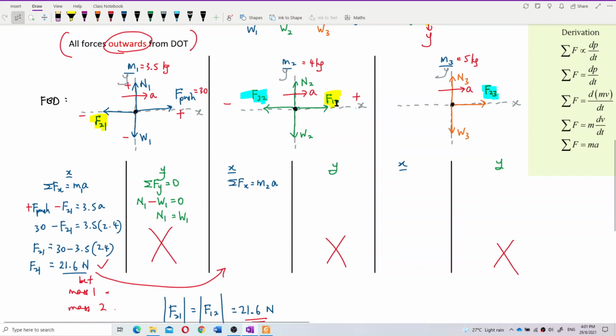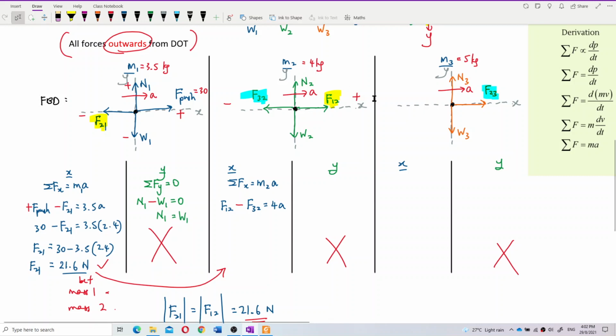So F12 is a positive force, F32 is a negative force. So F12 is positive, but F32 is negative, so put a negative sign and then F32. And what mass is it? 4 kilograms, so it is 4 times acceleration.